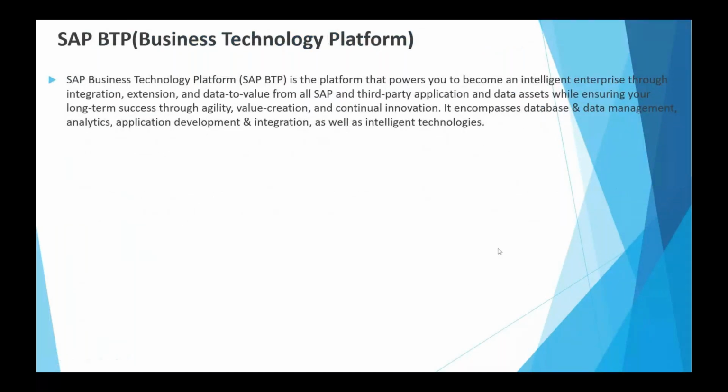SAP BTP is a platform that powers you to become an intelligent enterprise through integrations, extensions, data to value, for all SAP and third-party applications. Not only that, it even has databases, like HANA database and PostgreSQL database. It also covers database management, analytics, application development. Lots of services are there in BTP where you can develop innovative solutions.